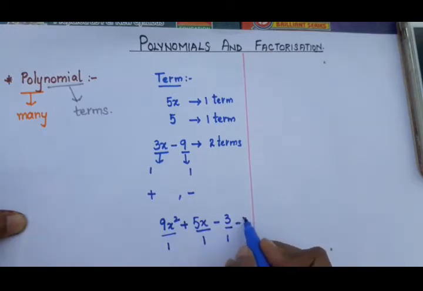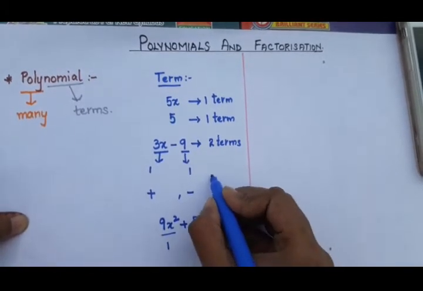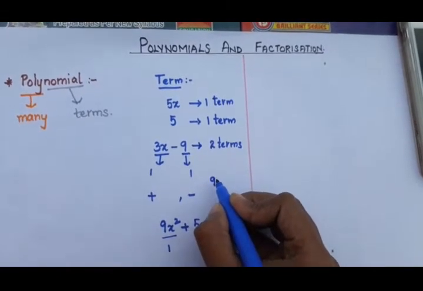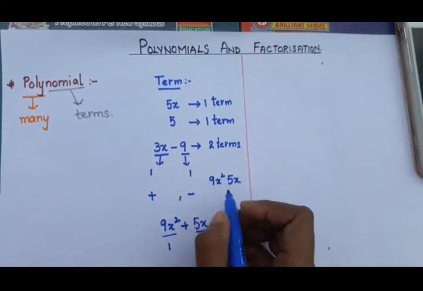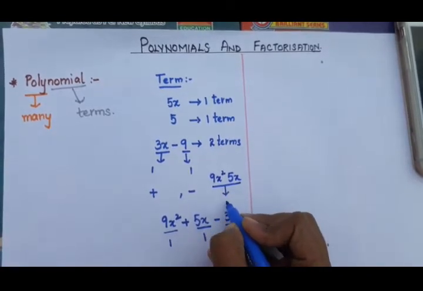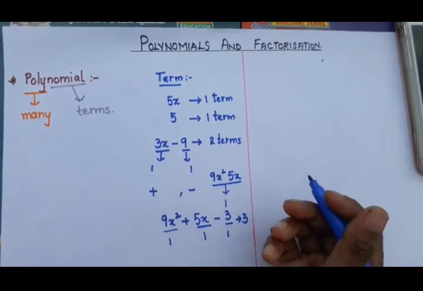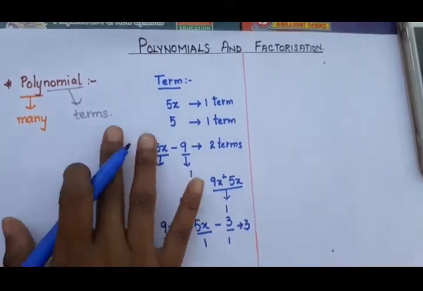So how many terms does it have? 3 terms, right children? So see here, addition and subtraction divide the terms. Now children, if I write 9x square 5x, there is no addition or subtraction between them, so this complete expression is only one term, children. Now did you all understand what are terms? So polynomial means many terms.